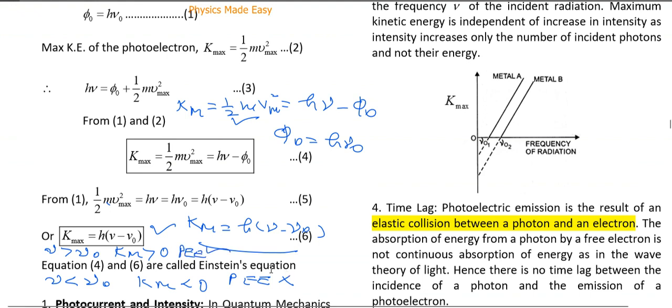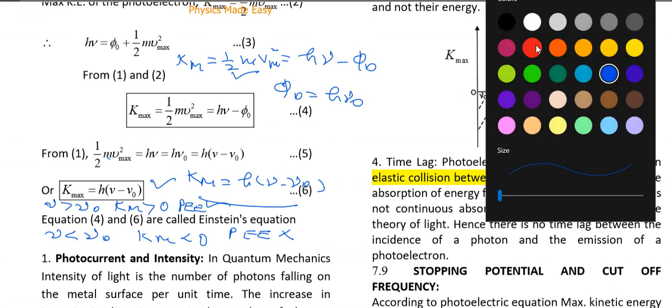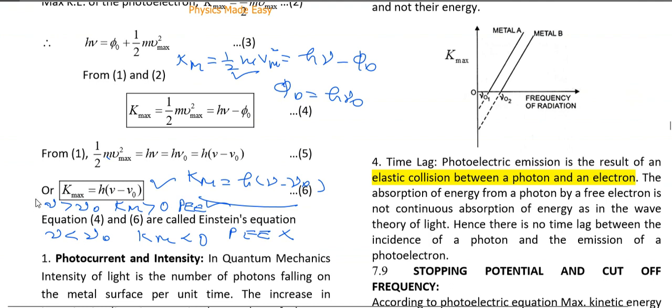Now from these two equations, what we learned is that if the incident frequency is larger than the threshold frequency, then photoelectric effect takes place. This is the basic equation. And if the incident frequency is lesser than the threshold frequency, photoelectric effect does not take place. This has been represented here by cross.